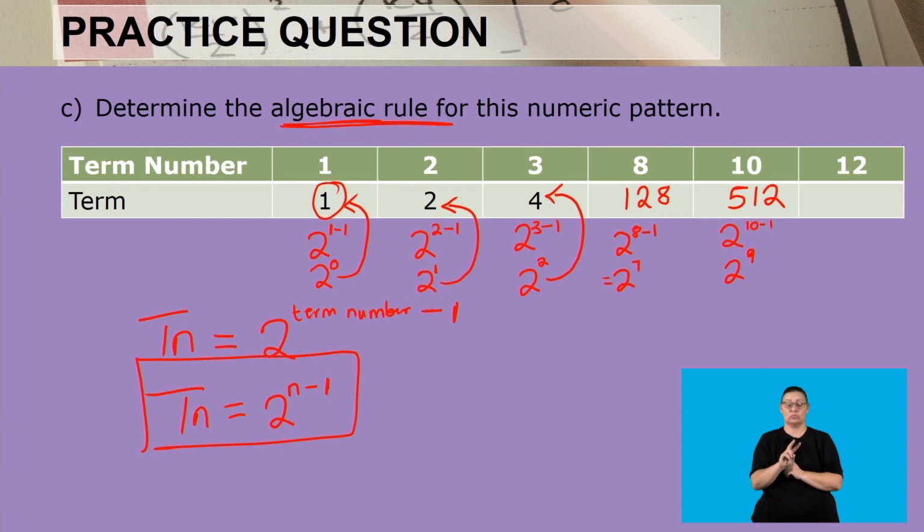Do you already have an answer for the 12th term? Yes, it will be 2 exponent 12 minus 1. That is 2 exponent 11. And what answer are you getting on your calculator? If you are getting 2048, then yes, you are correct. And we have now filled out this table, and we have found the algebraic rule.